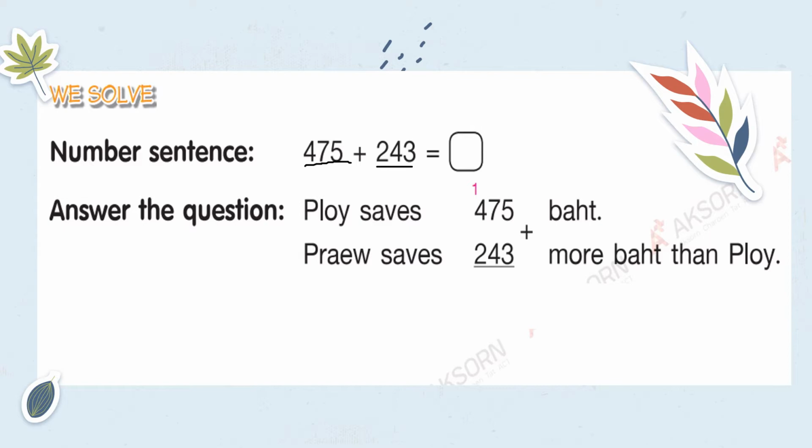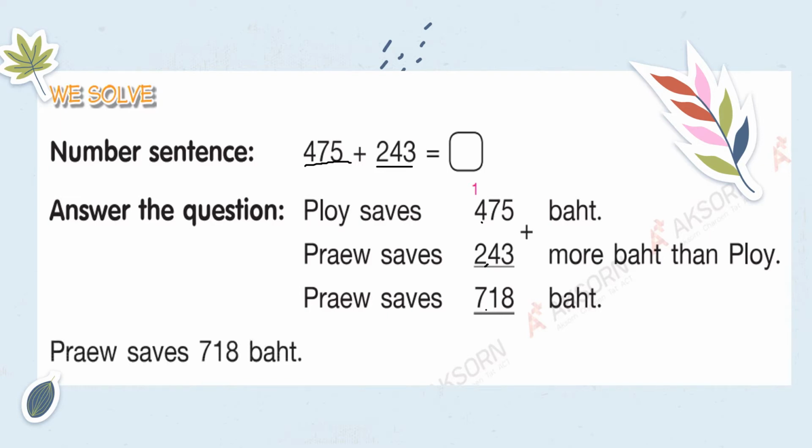So we're going to add 5 plus 3 is equal to 8, while 7 plus 4 is equal to 11. 4 plus 2 is equal to 7. So Preo saves 718 baht. So therefore, Preo saves 718 baht.